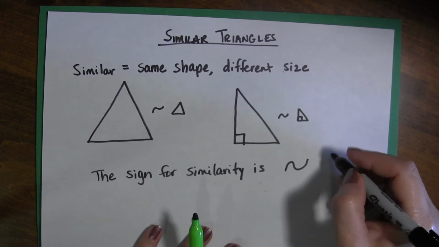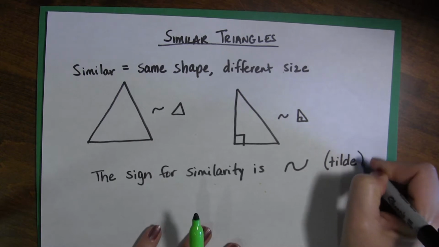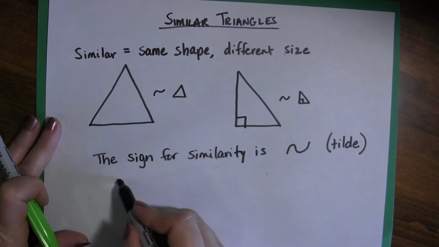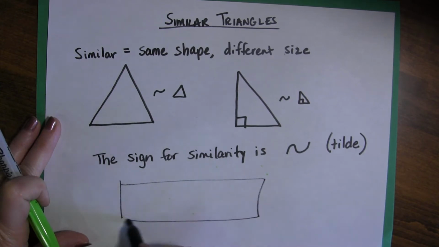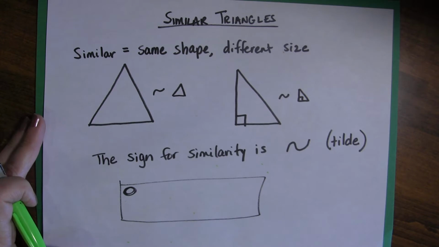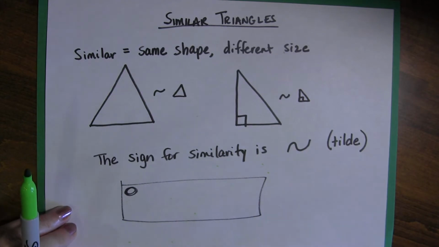Anyway, this actually has a name. It's called a tilde. And if you look on your typing keyboard, usually up in this corner is where you will find the tilde button. So if you were ever looking to type one, now you'll be able to.